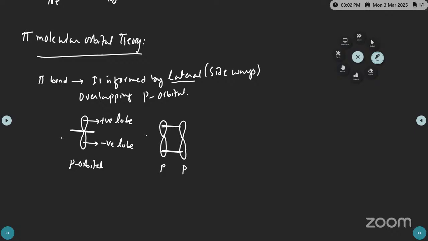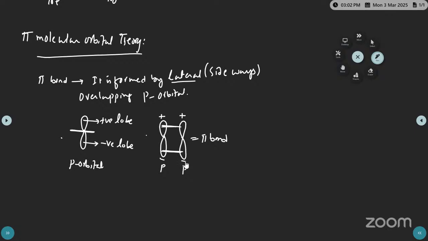Like this, a pi bond is formed. Here the positive lobe overlaps with the positive lobe and the negative lobe overlaps with the negative lobe. This type of overlapping is known as constructive overlapping.